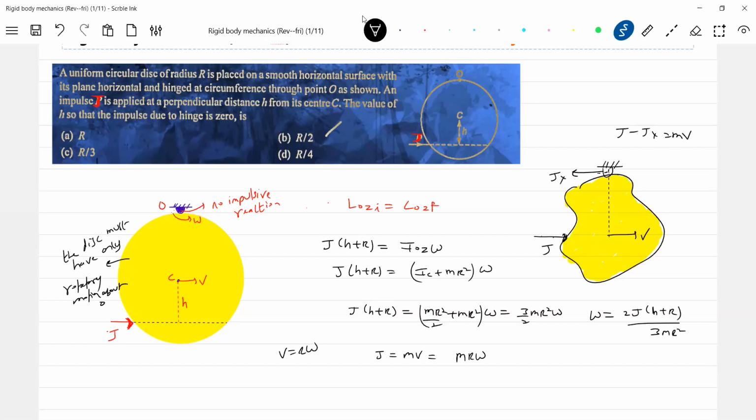Let me substitute in equation 1. Putting 2 in 1, omega equals J by MR. What is the value of H? R by 2. Okay, now you have learned it.